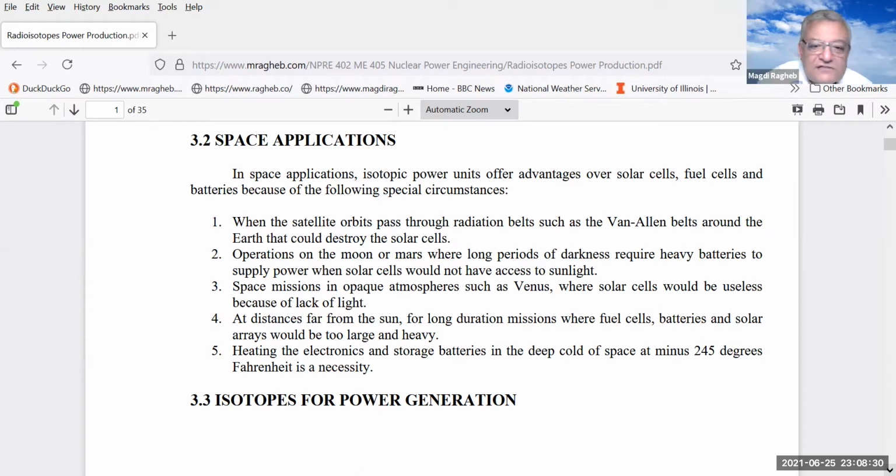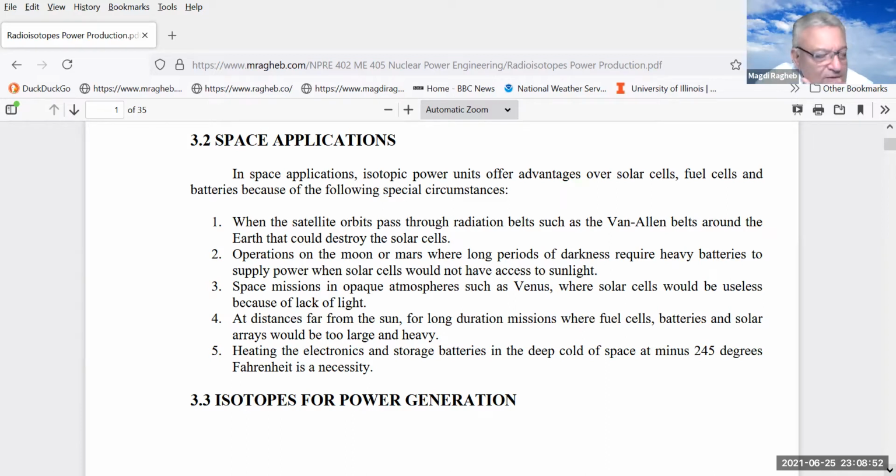At far distances from the sun, for long duration missions, if you use fuel cells that would use hydrogen as a fuel, or if you use batteries, or even solar arrays, they would be too large and too heavy, and then you also run a risk of their breaking down during their deployment.